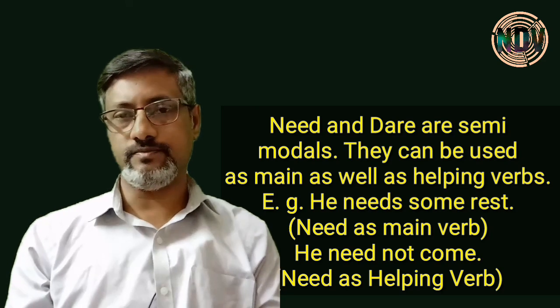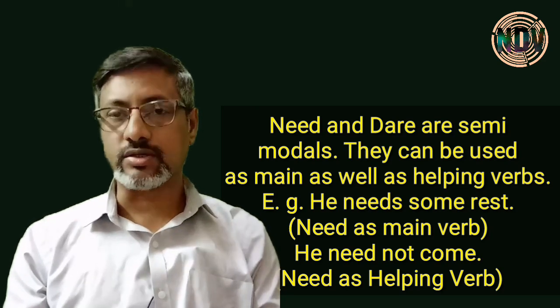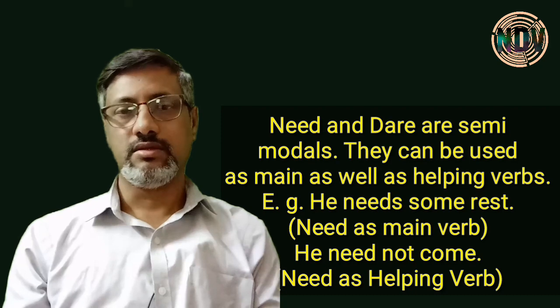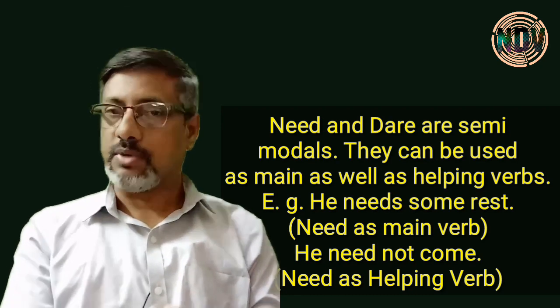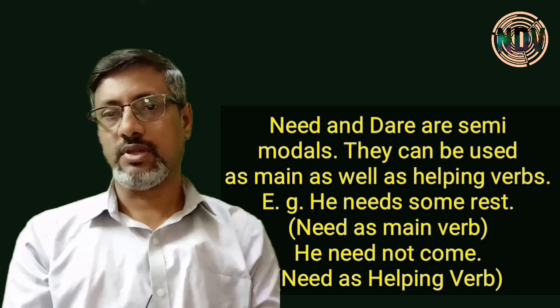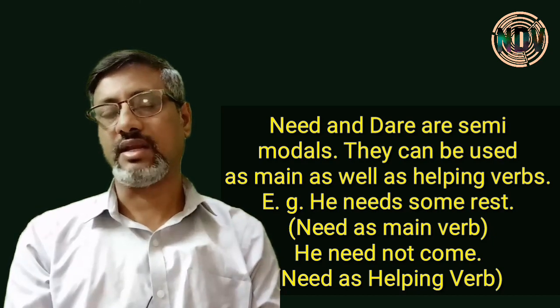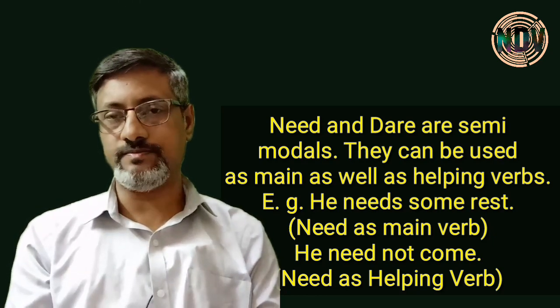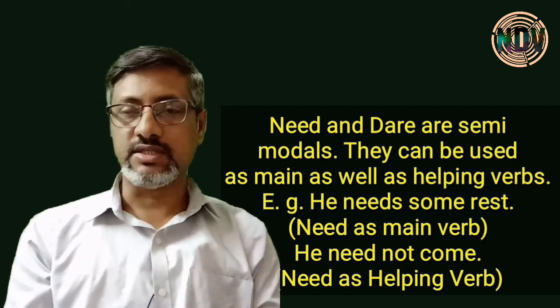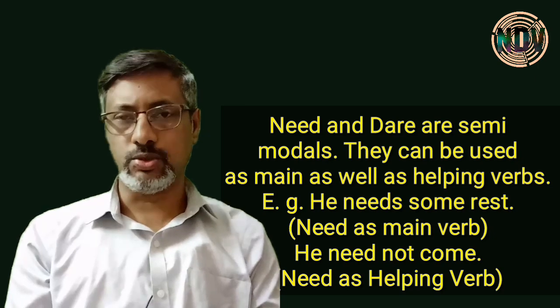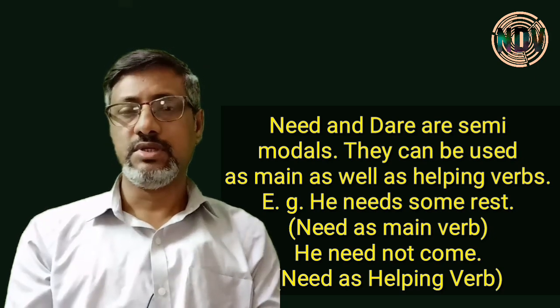For example, I can say I will not, I shall not. This way I can say, whereas in case of other verbs I cannot do that. For example, I write, I cannot say I write not, I have to say I do not write. Anyway, these 27 helping verbs are also known as auxiliary verbs.